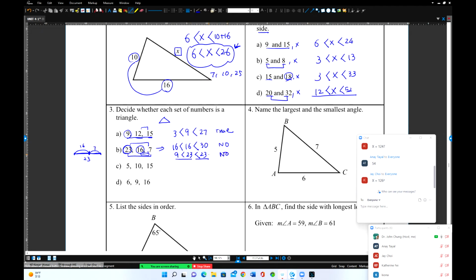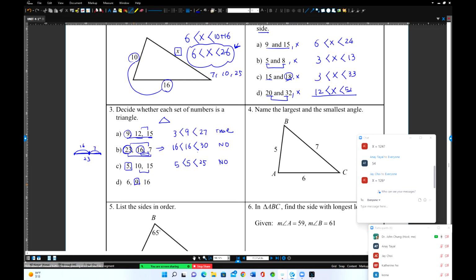So you don't have to take both, just one. I'm going to choose the smallest one, 5. The sum of these two is 25. The difference of these is 5. 5 is not greater than 5. So this is flat, and you can't make a triangle.